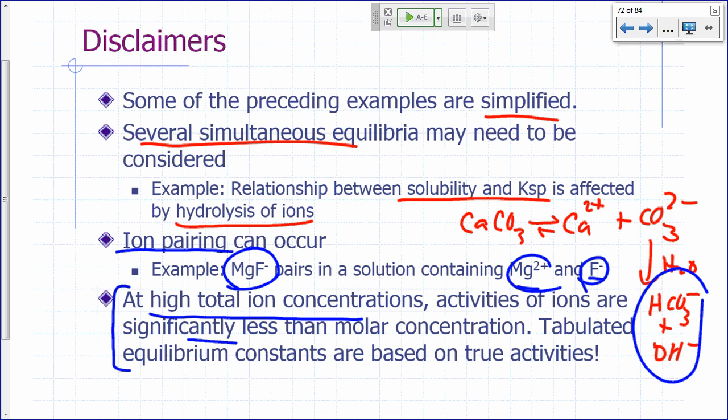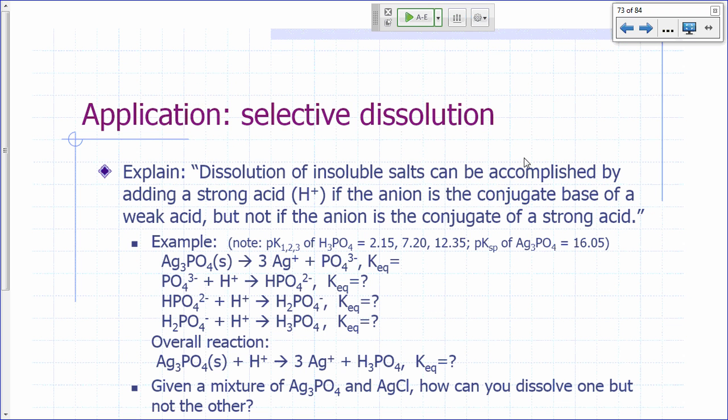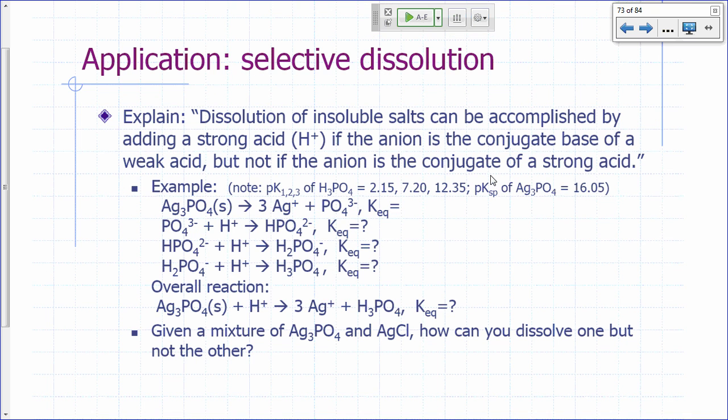So that approximation, activity equals concentration, is typically not very true, especially once you get to really high concentrations of ions. And the values that you find when you look them up from literature are actually based on activities, not on concentration. All right. So there's a few more applications here.